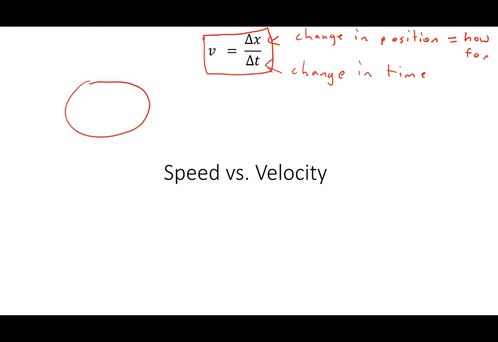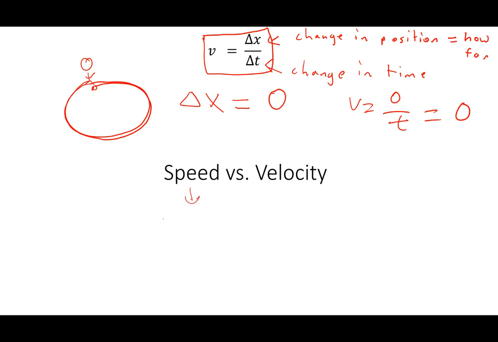If I go around a track, starting here, and go all the way around and end up at the same spot, my change in position, or my displacement, or my delta x, is actually 0. So no matter how fast I go around the track, my velocity will be 0, because my v is going to be 0 divided by t. No matter what the time is, my velocity will be 0.